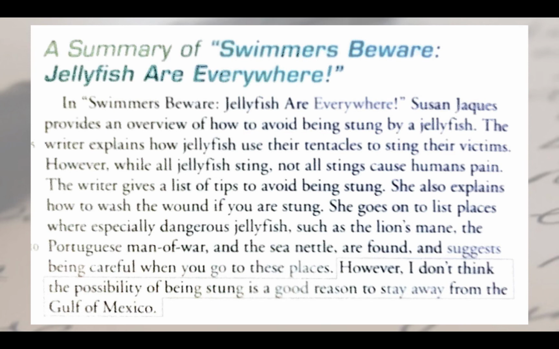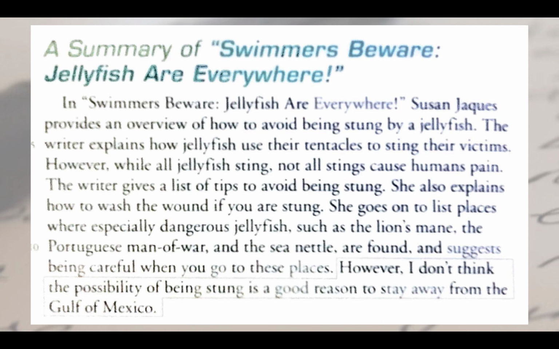She also explains how to wash the wound if you are stung. She goes on to list places where especially dangerous jellyfish, such as the lion's mane, the Portuguese man of war, and the sea nettle are found, and suggests being careful when you go to those places. However, I don't think the possibility of being stung is a good reason to stay away from the Gulf of Mexico. So let's look at this.